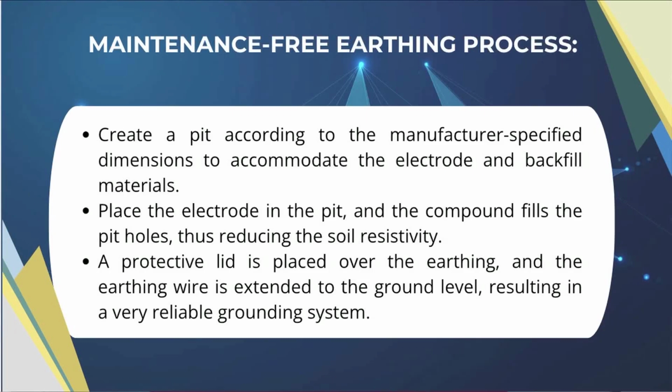To enhance conductivity, a special compound is prepared. Then the electrode is placed in the pit and the compound fills the pit hole, thus reducing the soil resistivity. A protective lid is placed over the earthing and the earthing wire extended to the ground level, resulting in a very reliable grounding system.